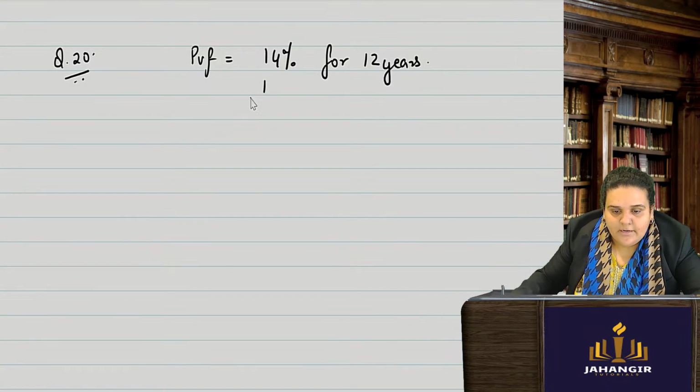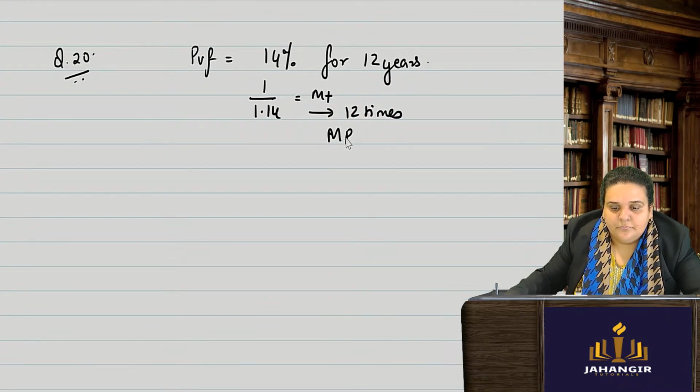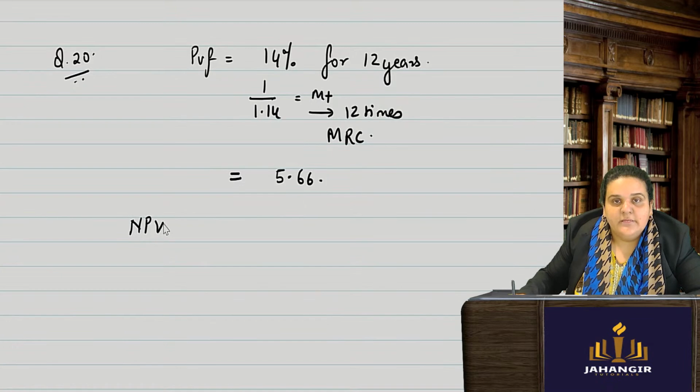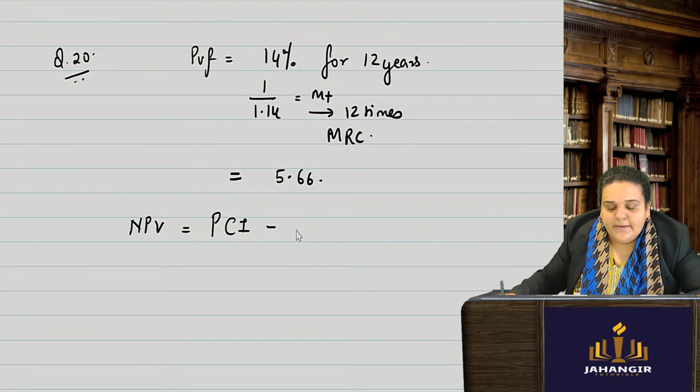Okay, so I will do 1 divided by 1.14, for 12 times. And then my cumulative PV factor will stand at 5.66. Now my net present value is nothing but PV cash inflow minus PV cash outflow.